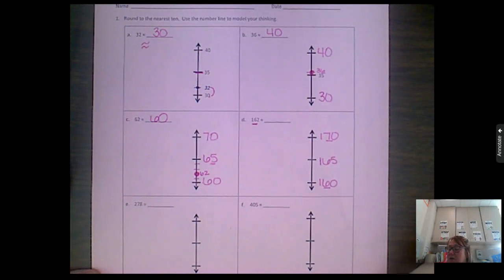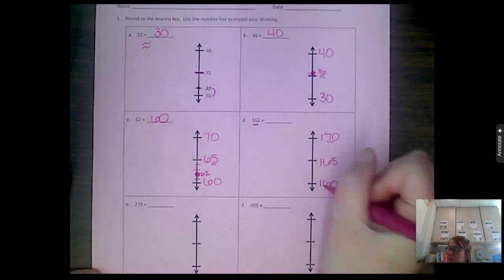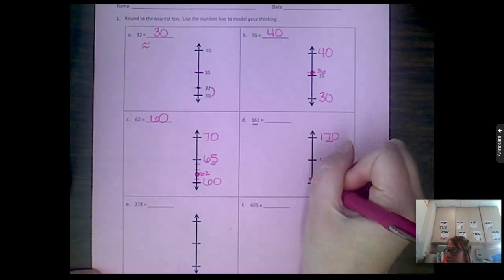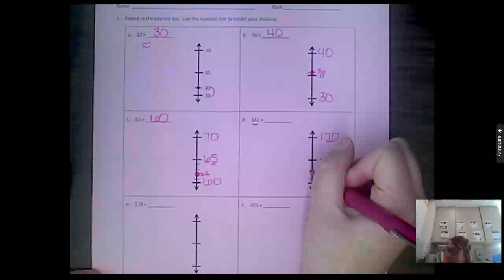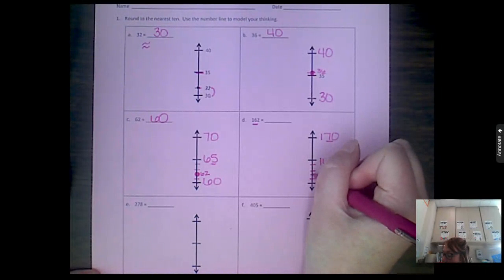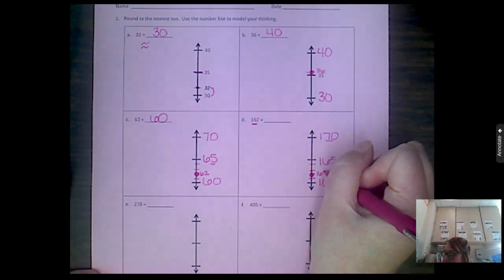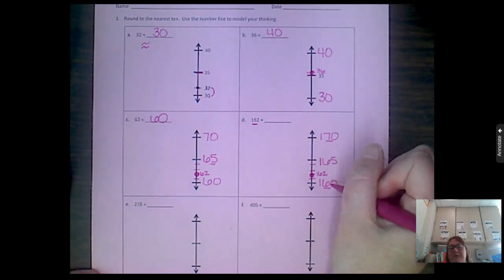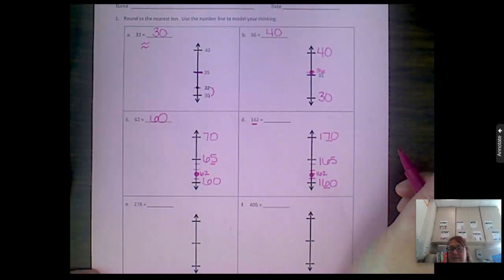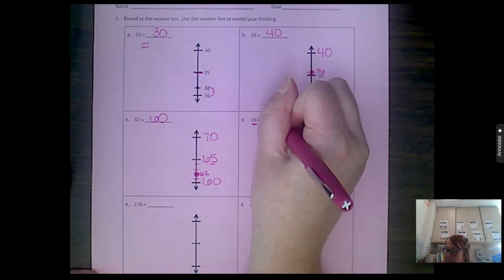Good job. So let's plot 162. So I'm at 160, 161, 162, 63, 64. And then I'm going to go ahead and put my point right there and put 162. Is it closer to 160 or is it closer to 170? Definitely to 160, right? It's only 2 away.